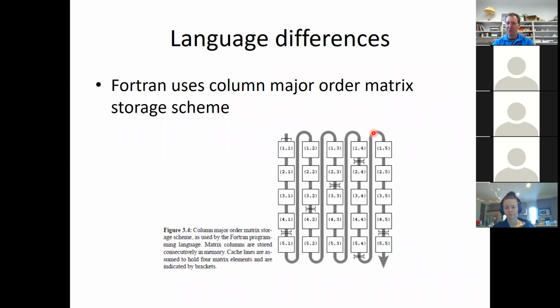Now in Fortran, it's actually different. In Fortran, the notation is that the first index is the direct element which gets accessed.